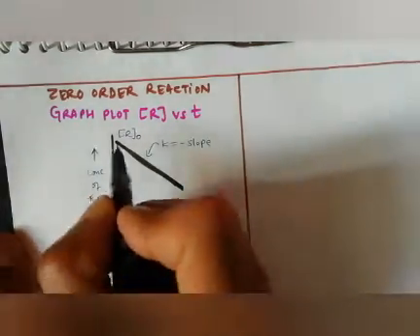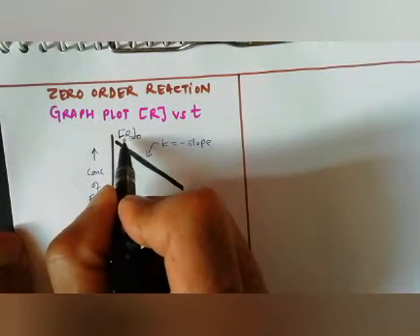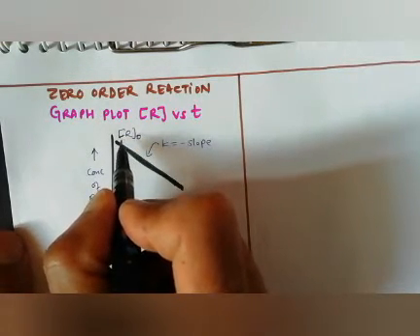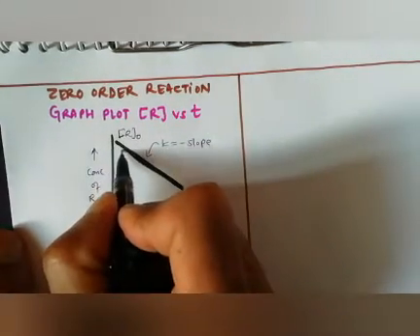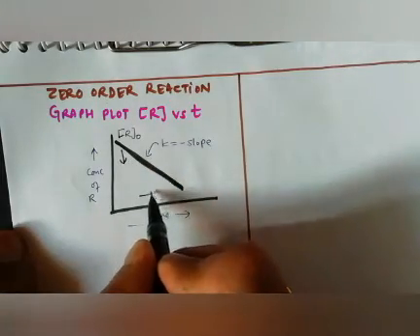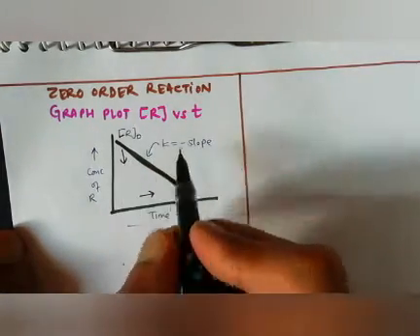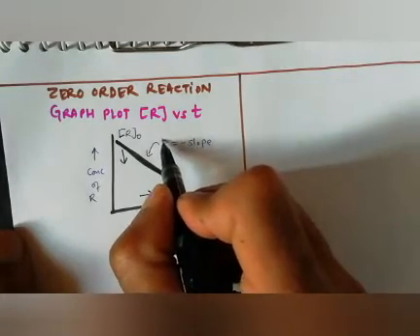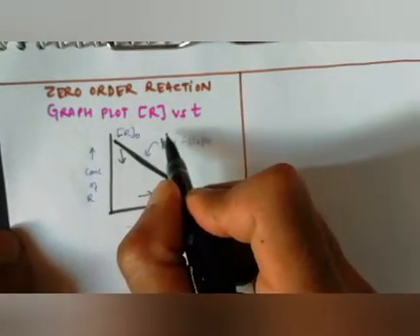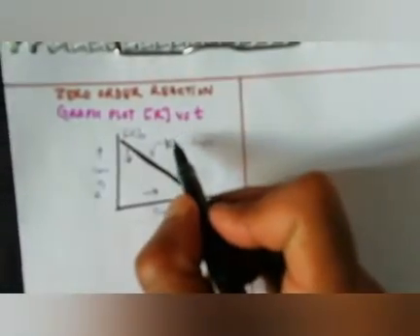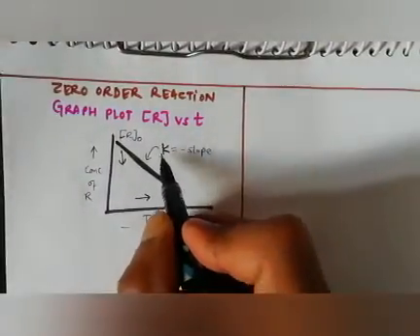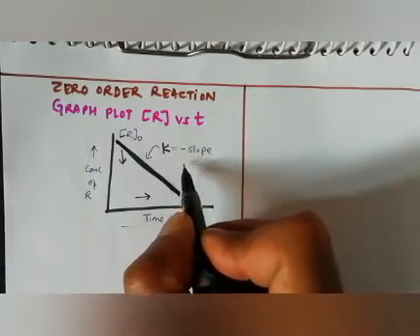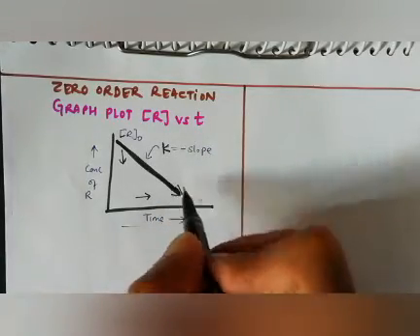So what is happening, basically, initially the concentration is here on the top, and as the reactant concentration decreases, the time is going to increase. So it shows that the integrated rate equation proves that the rate constant K is showing negative slope. Negative slope means toward down.